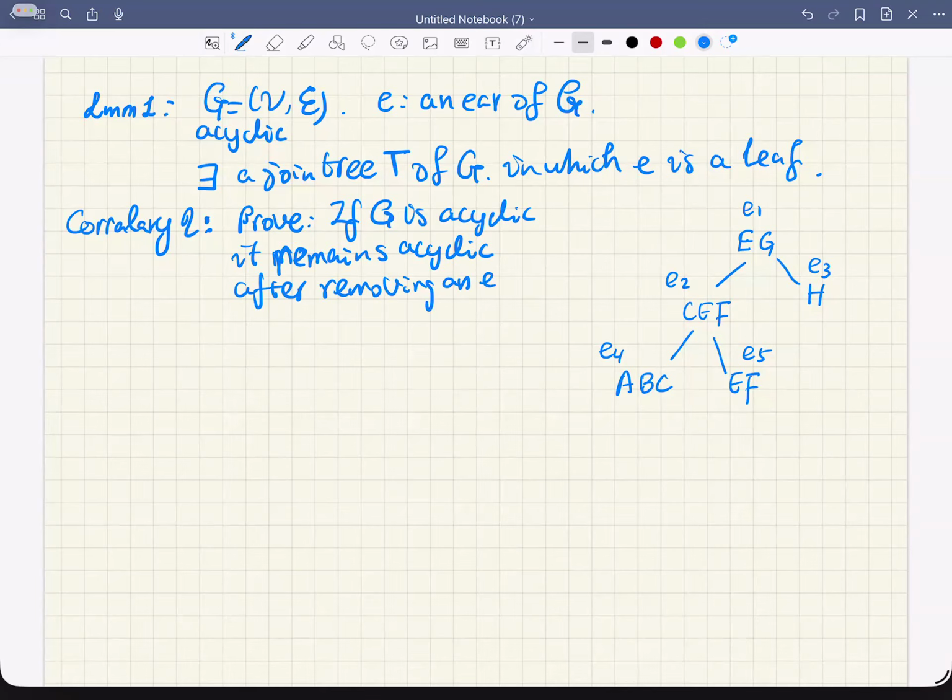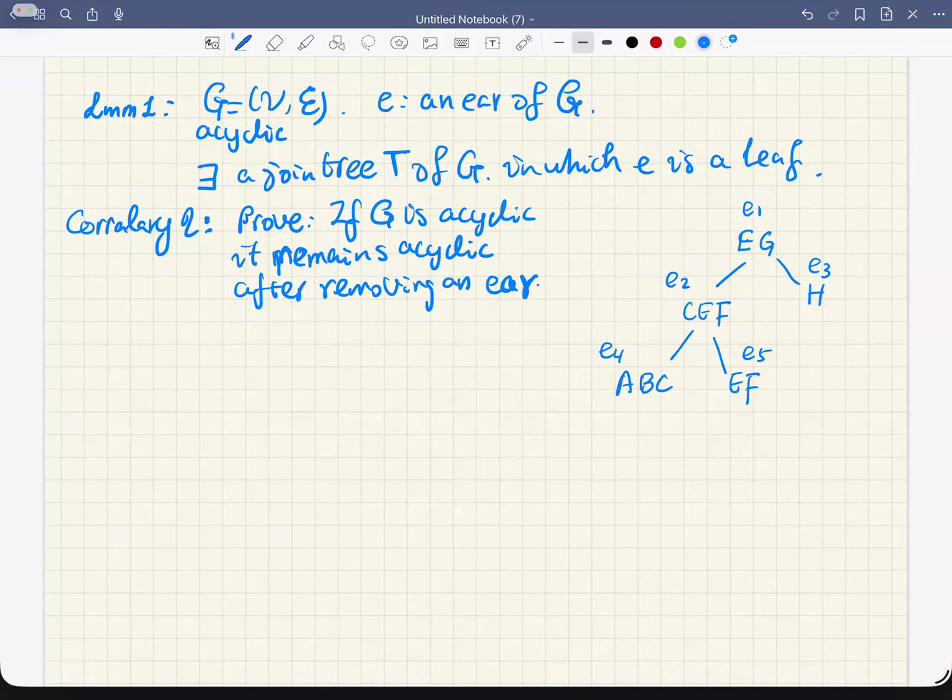How do you do it? You know what, I'll make it easier for you: after removing an ear. This is going to make it a little bit easier, because this will be a corollary. Before, it was also true, but that's not a corollary. So we only need this corollary.